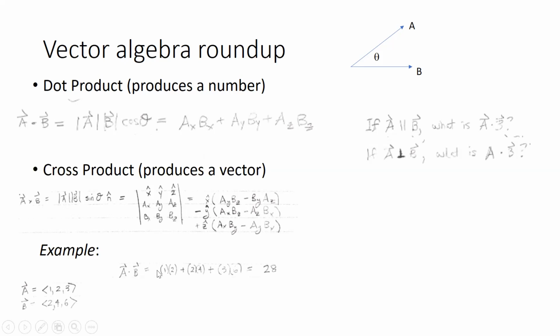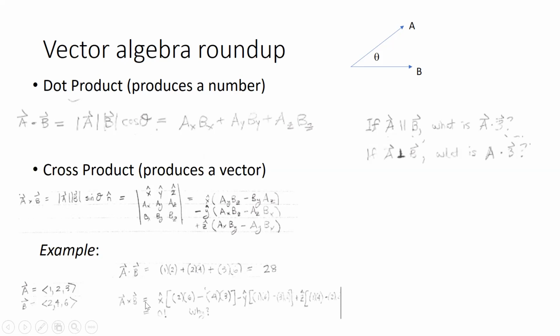So the easiest way is just to multiply the components: the x component of A times the x component of B, plus the y component of A times the y component of B, plus the z component of A times the z component of B. If you add all that up, we have 2 plus 8 plus 18, we get 28. So that's taking the dot product of these two.